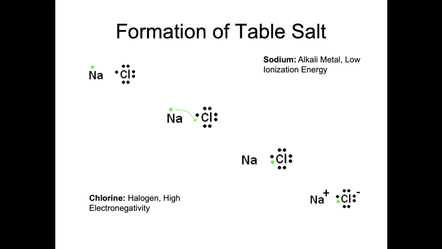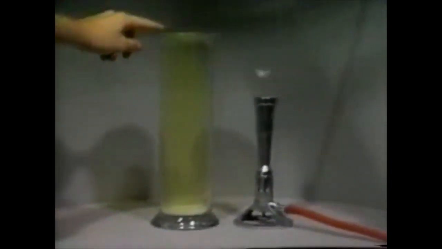Now let's watch a short clip that shows exactly what this reaction looks like in real life. Sodium metal is heated until it melts and just begins to burn. Then it is immersed into the yellow-green chlorine gas. The sodium begins to burn in chlorine with an intense yellow flame.